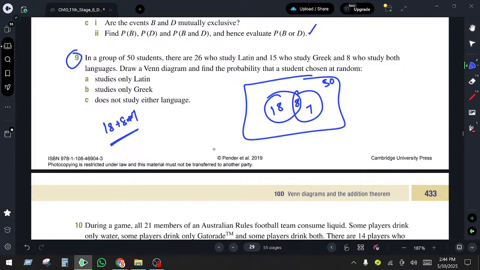Study only Latin means this is 18, so it is 18 over 50. Study only Greek means 7 over 50. Total 50: 18 plus 8 plus 7 is 33, so 17 students study neither, so it is 17 by 50.